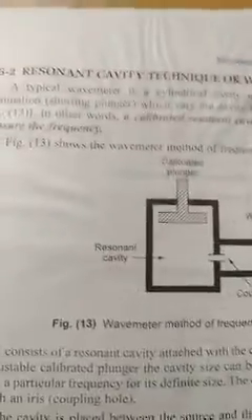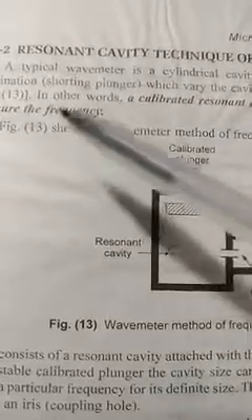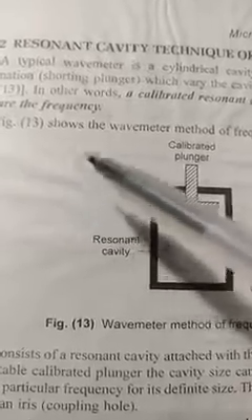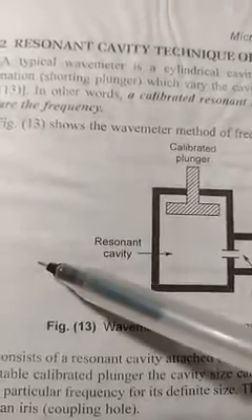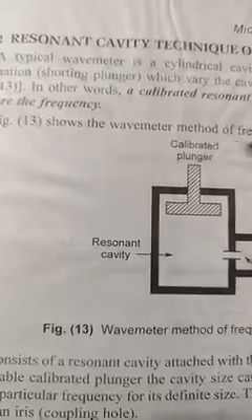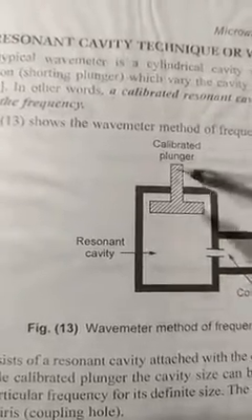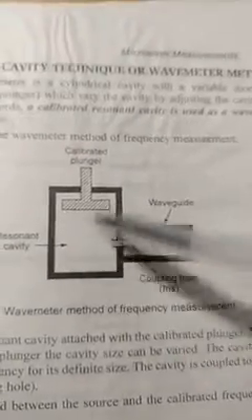Another technique is by using the wave meter, as we have in the microwave test bench. One microwave source is there, an isolator is connected, and after that the frequency meter is connected. That frequency meter is nothing but the wave meter.